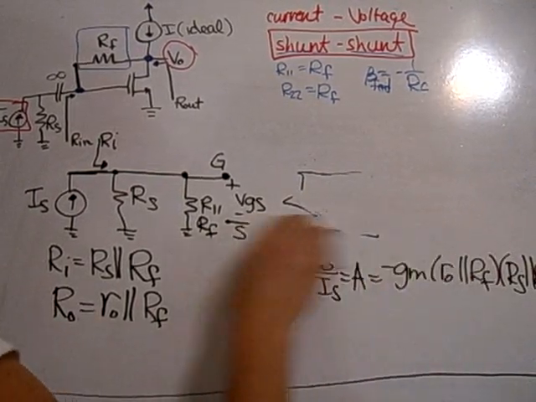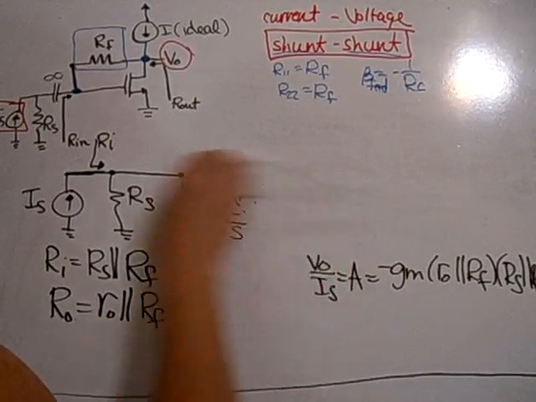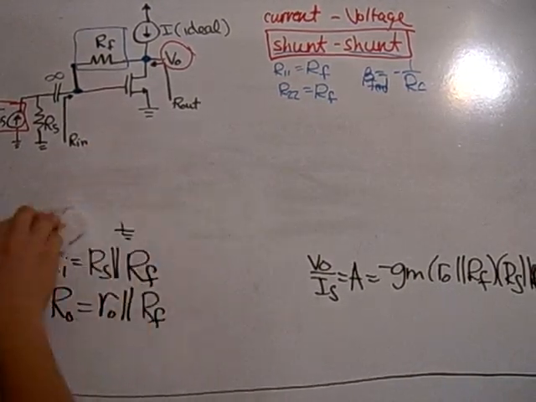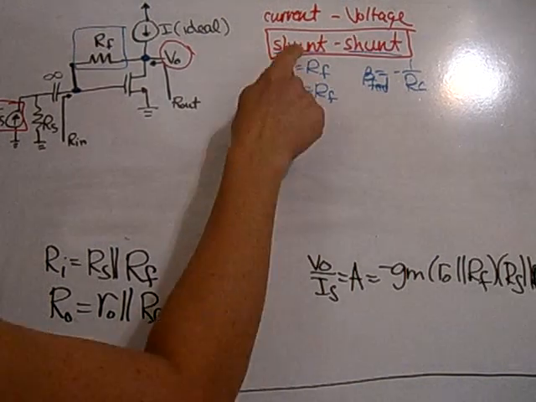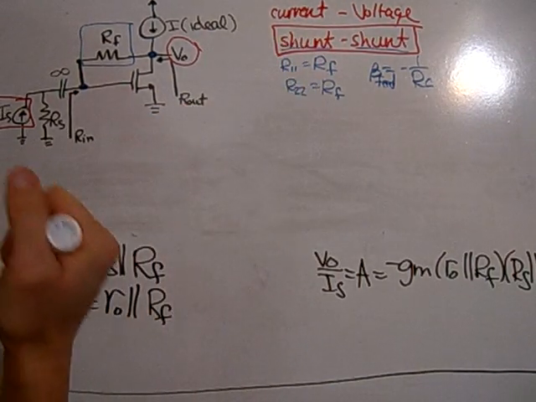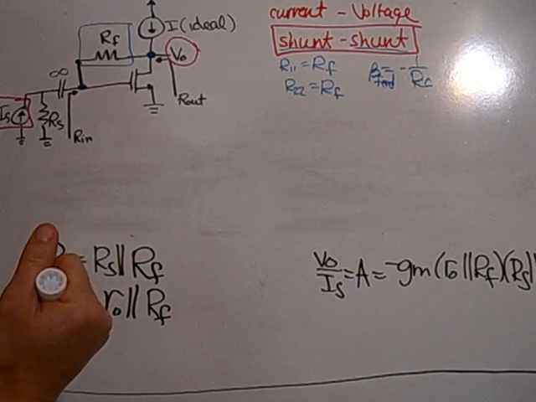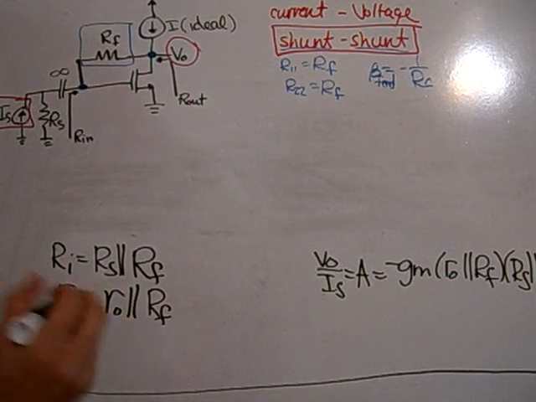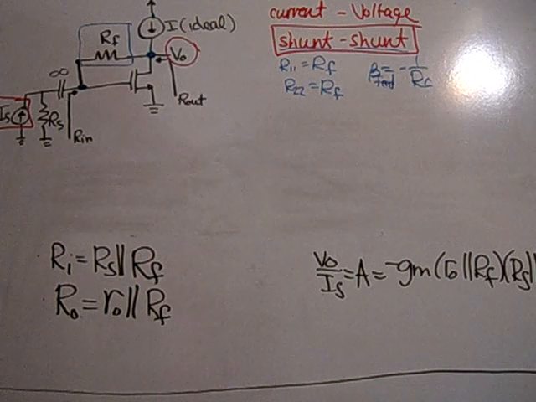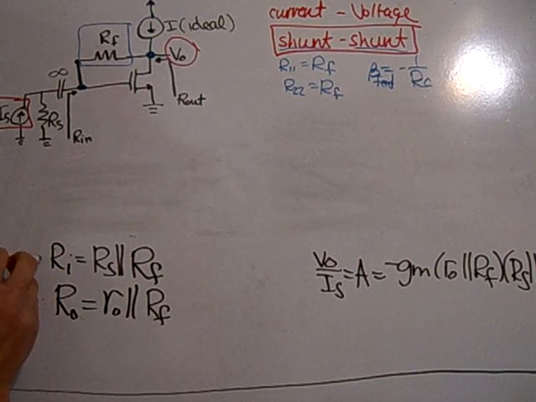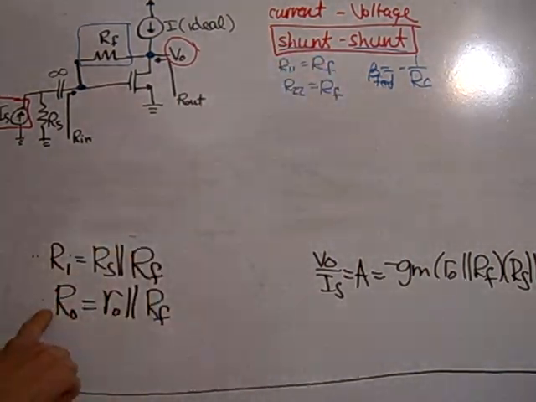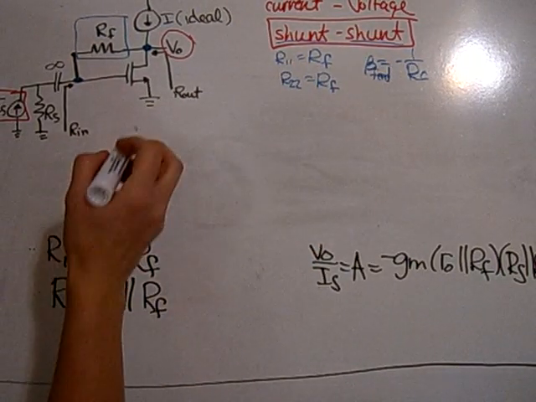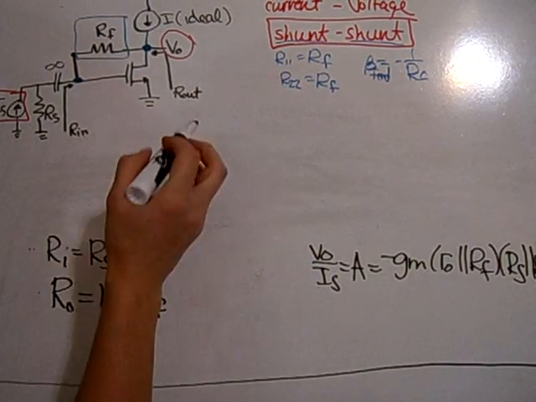For RO and RI, whether I divide or multiply by the amount of feedback depends on the type of network I have. For shunt type, we're always going to divide by the amount of feedback, and for series, it's always a multiplication. So since both of these are shunt, the input side is shunt and the output side is a shunt, they're both going to be divided by the amount of feedback.